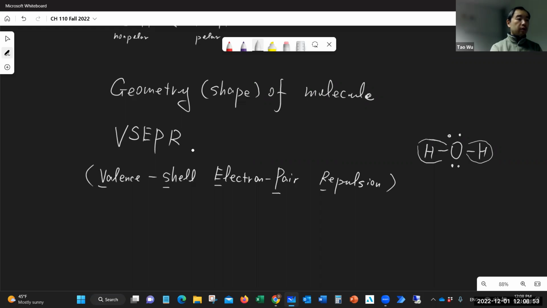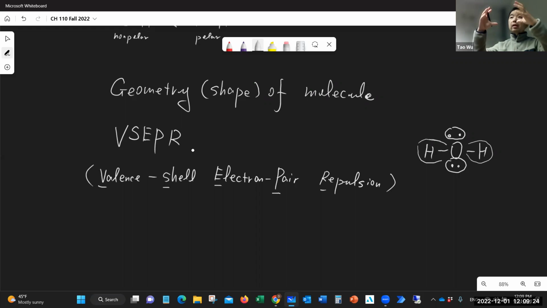For example, here, the oxygen's space is occupied by these two hydrogen atoms, and the other two areas are occupied by the lone pairs. We're just drawing two dots for the electron pair, but it doesn't mean they don't occupy space. They even occupy bigger space than the hydrogen atoms. Those two electrons occupy even bigger space.